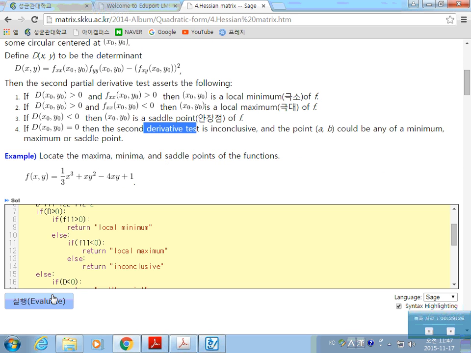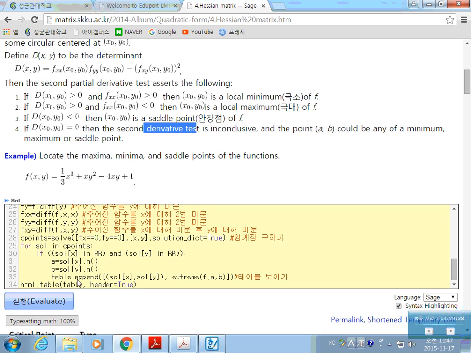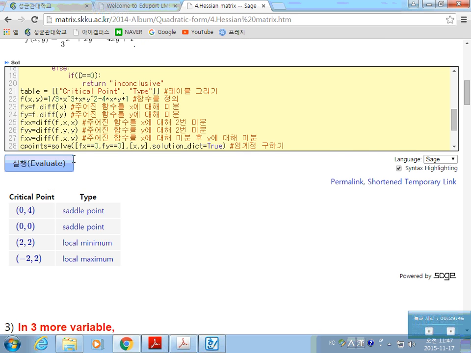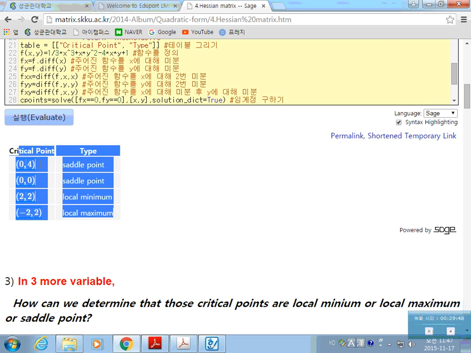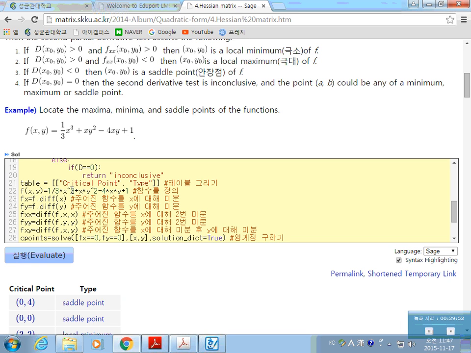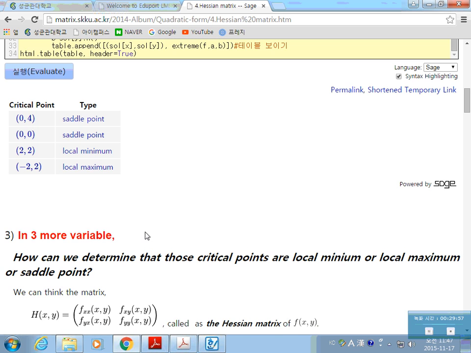All these computations can be done. If you give functions, then you can find the critical numbers, critical points, and also the nature of those critical points. If you change the functions here, then you will see different values.